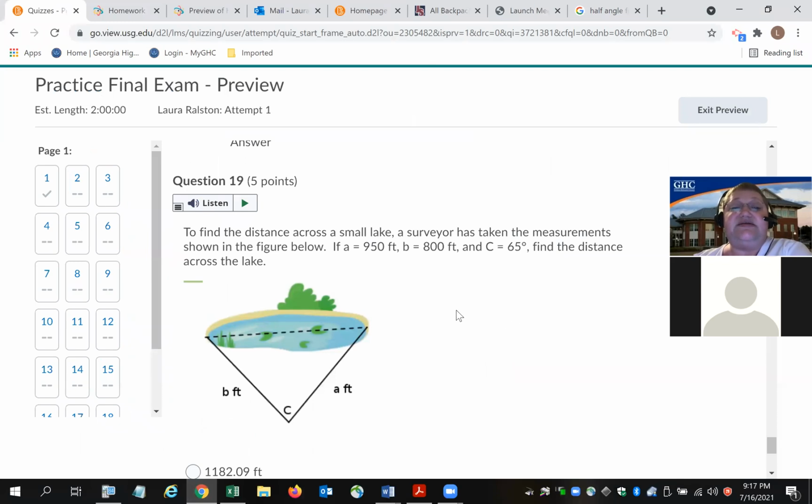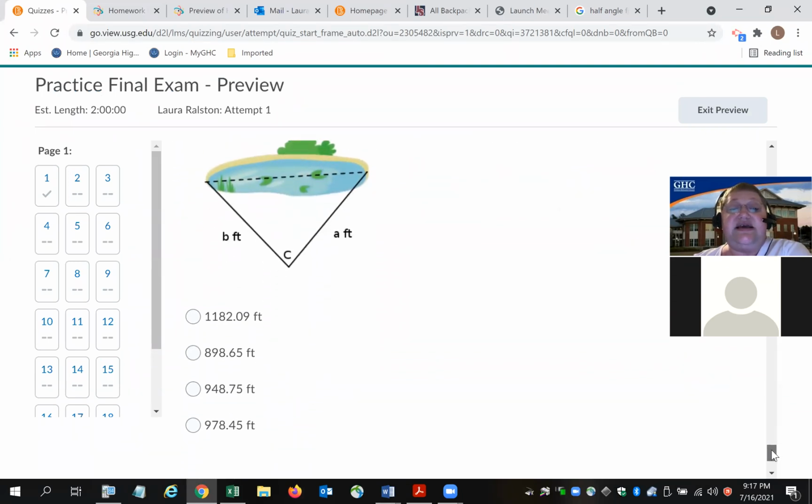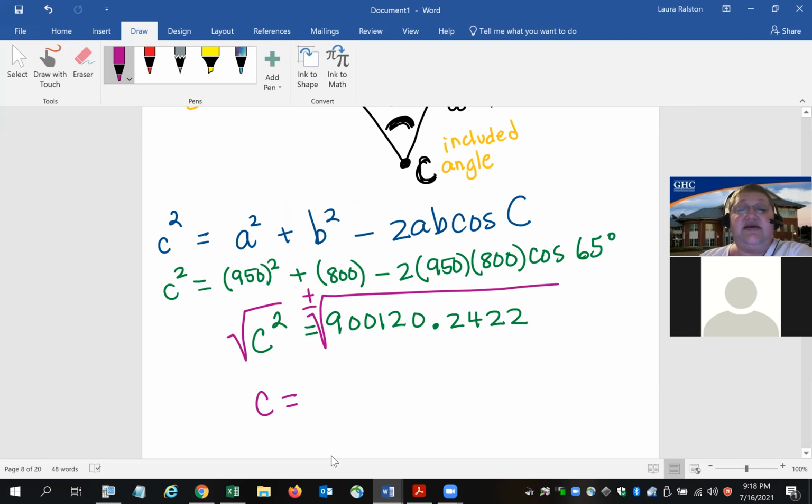Okay, let me go back to the question. How many decimal places? It doesn't tell me, but it's multiple choice, and I can see that my choices are rounded to 2 decimal places. So C is 948.746691.